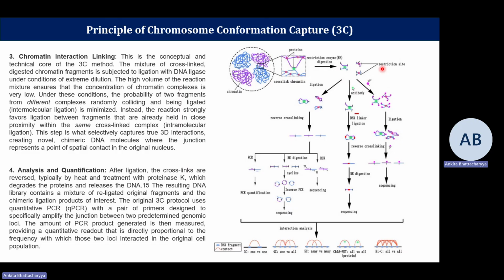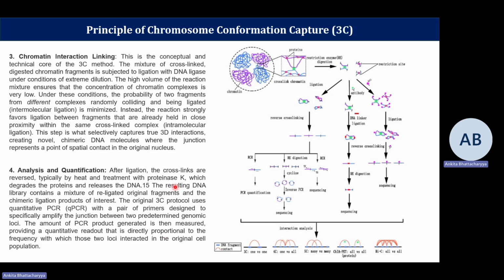After restriction enzyme digestion, you allow ligation to proceed and then you reverse cross-link, which means you open up this DNA-protein interaction and instead you have these complete loops. Then you can do a PCR sort of reaction.